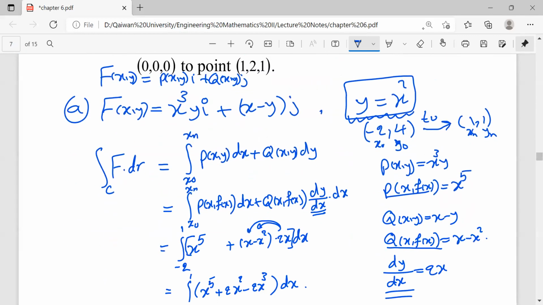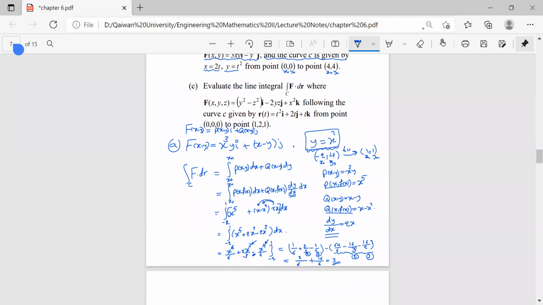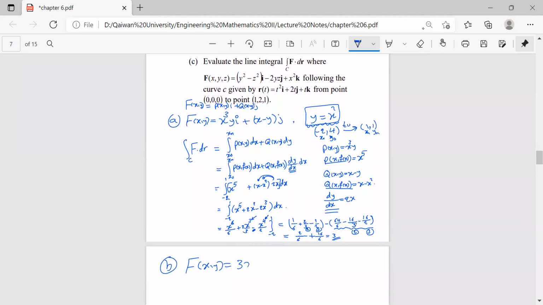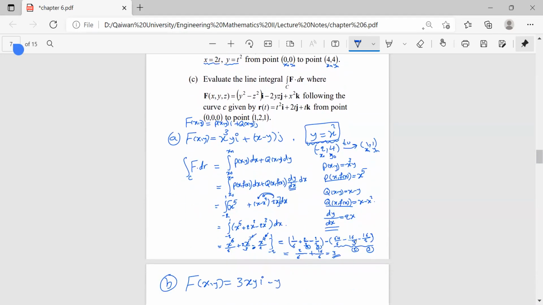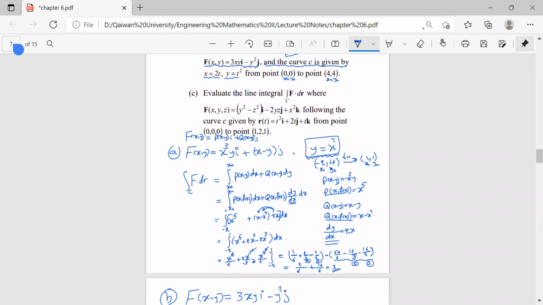Let's write down the information here. The vector field is F of xy equals 3xy i minus y squared j, and we also have given the curve as x equals 2t and y equals t squared.